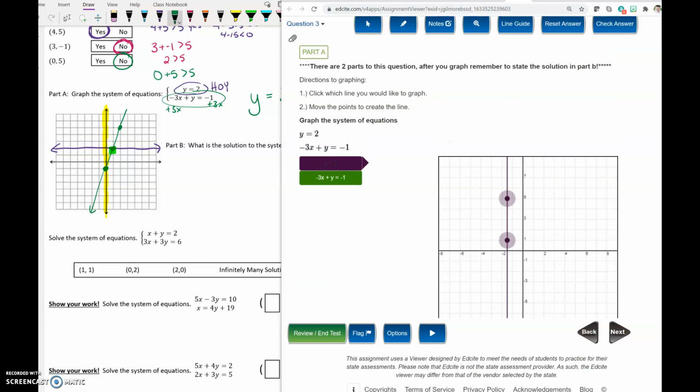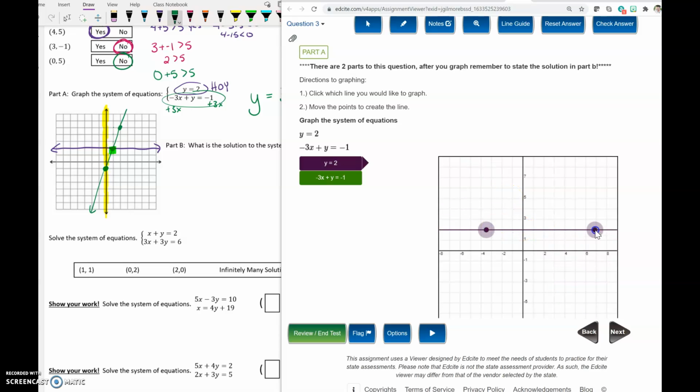You click the first one, and this is for our first equation, and then you have to move these points to match the graph. So I know that this has to be y equals 2. One of my points has to go to 2. The other one, move it around until you have a flat line.